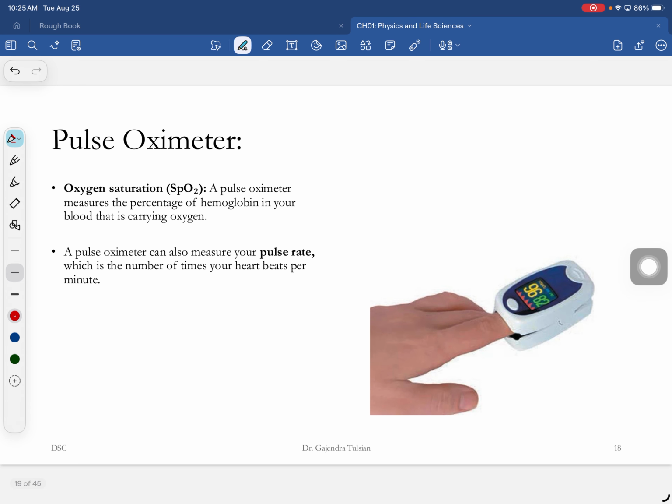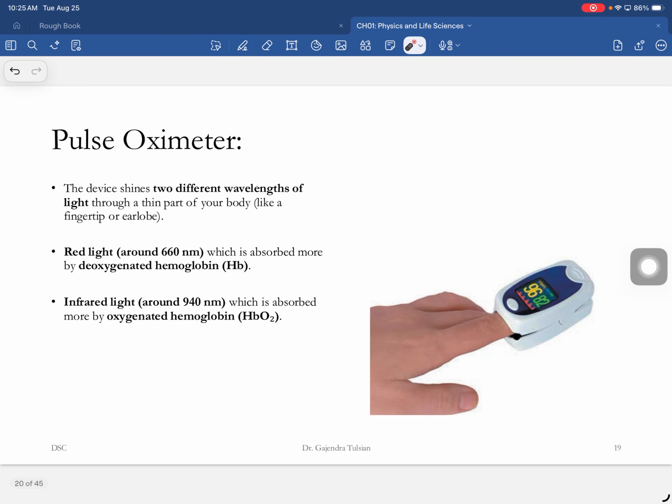All right, so here's how this thing works. A pulse oximeter measures the percentage of hemoglobin in your blood that is carrying oxygen. It can also measure pulse rate. The device uses two different wavelengths. So here's the principle.